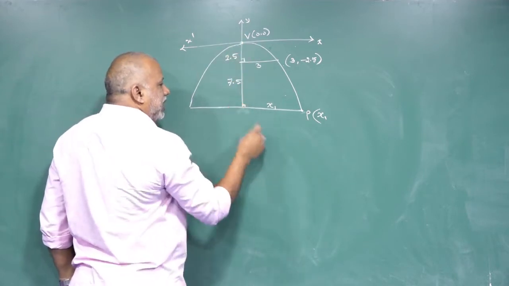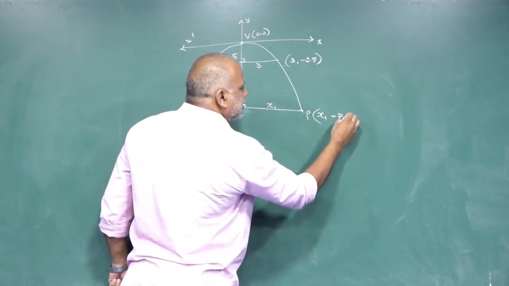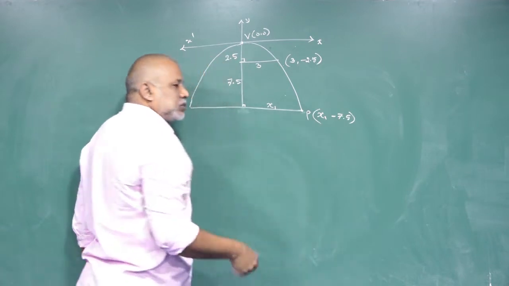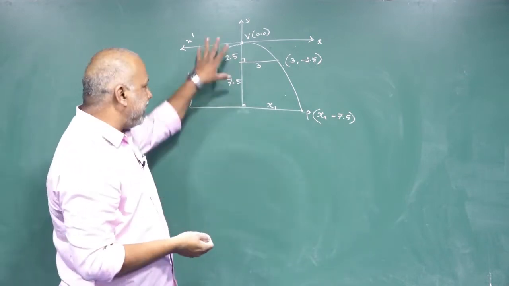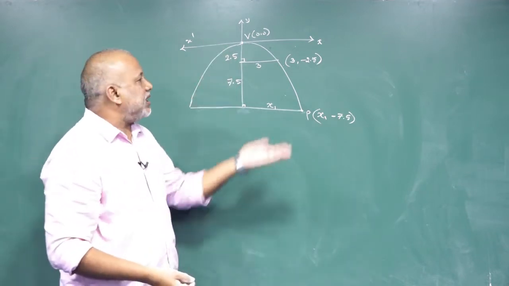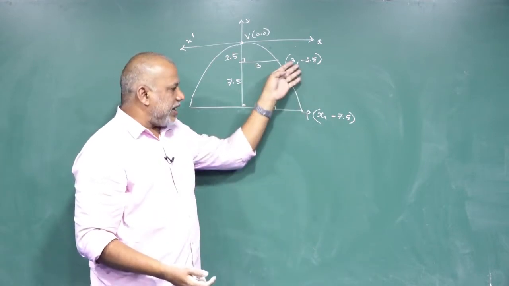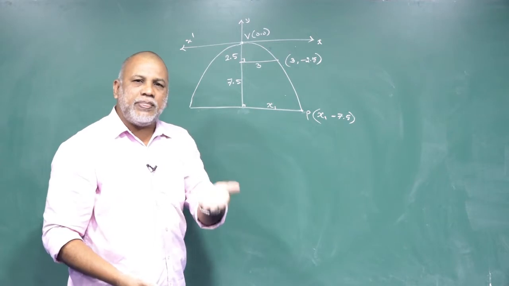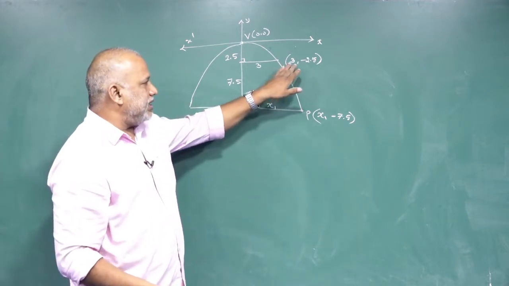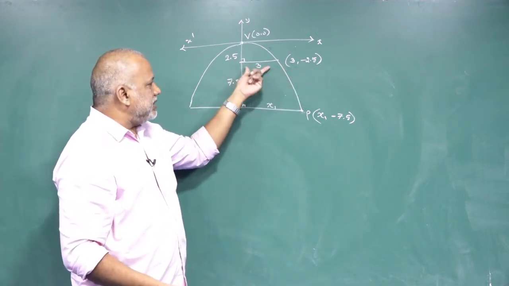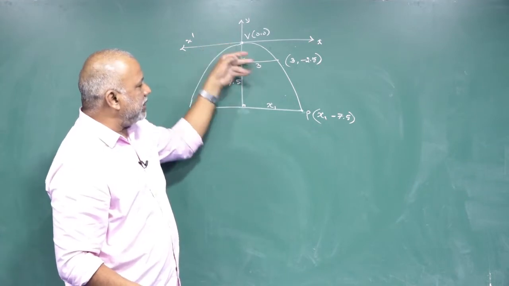This is the known value, minus 7.5. So first we are using the data. After that we are converting the points. We have 2 points lying in the fourth quadrant. How are we getting 3, minus 2.5? This is the x coordinate, this is the y coordinate.